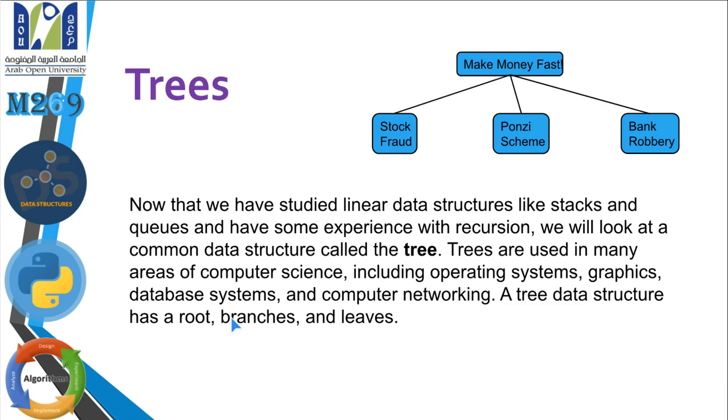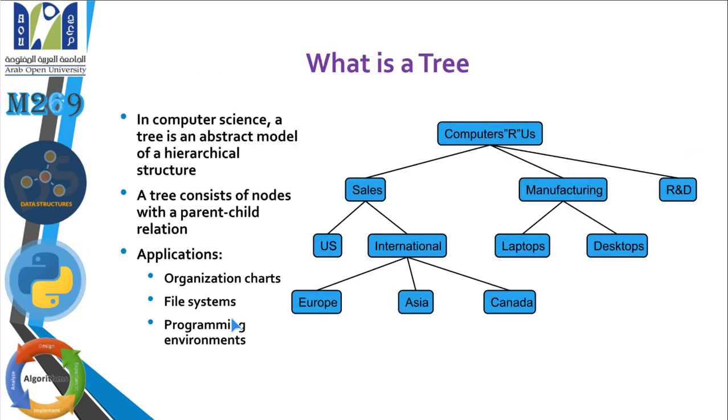It has a root, and some nodes connected to the root. So there are so many examples of trees in computer science. This is how we can create multiple folders and files within your computer in the form of trees.